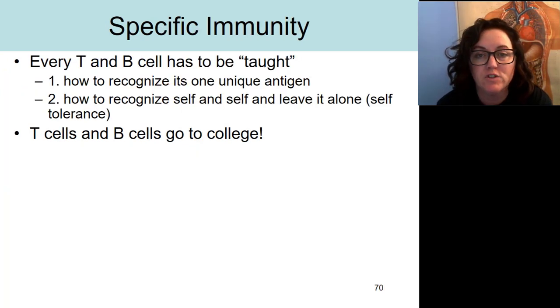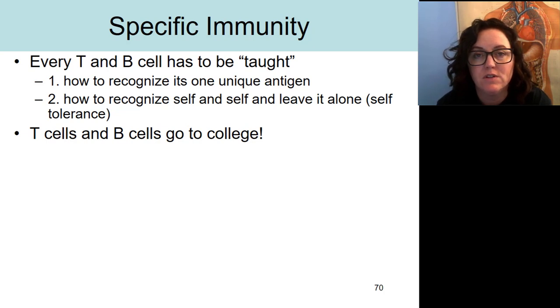Before we can look at how the specific immune system kills off pathogens and gets them out of our body, we need to understand how T cells and B cells have the capabilities that they have. Every T cell and every B cell has to be taught how to do two things. Number one, how to recognize its one unique antigen.